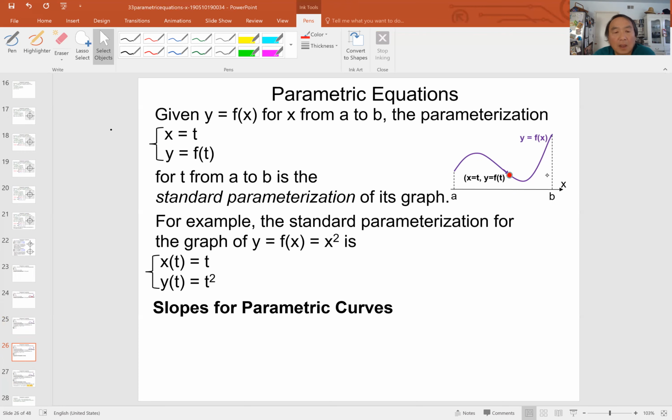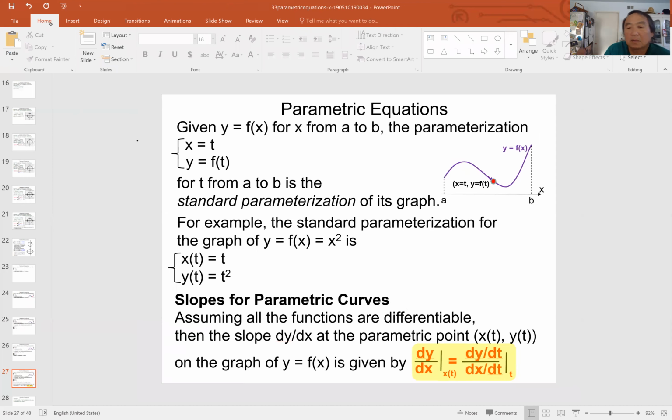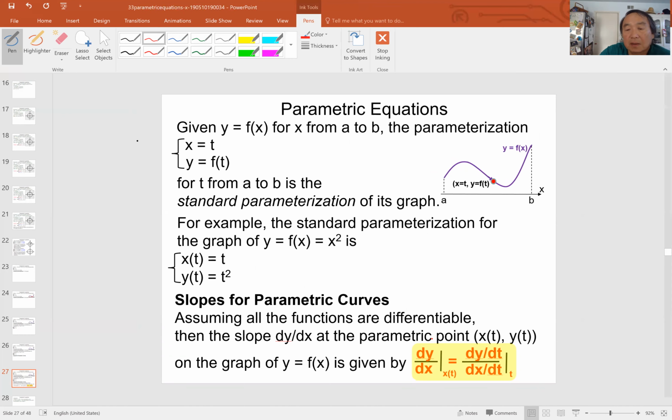How do we calculate the slope for parameterized curves? Suppose I have x(t), y(t). Well, it's just the ratio, fractional ratios. Remember the key point going back again: dy is delta y over delta t, and dx is delta x over delta t.